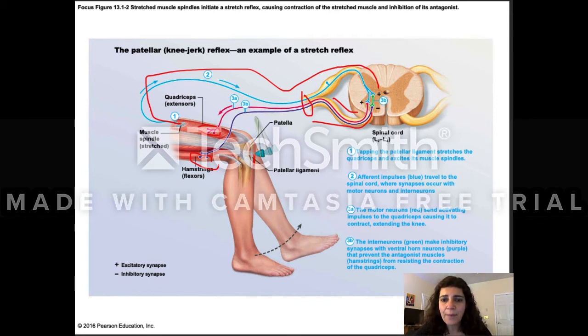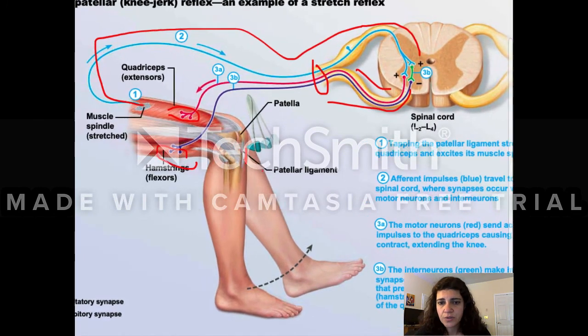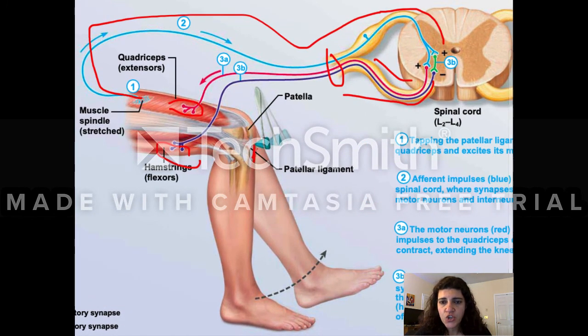When that happens, you are stretching this tendon, and that tells the muscle spindle inside your quadriceps, your extensors, that something is stretching your leg and you need to contract so you extend your leg.